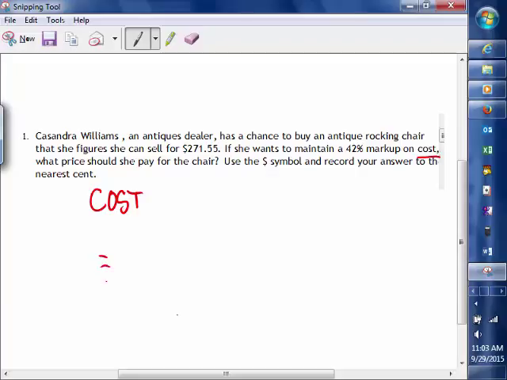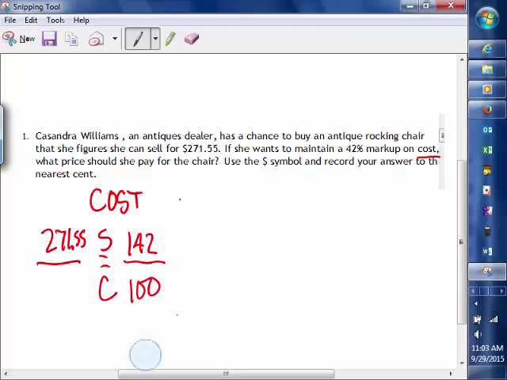The cost is the bottom, that's 100%. The selling price is $271.55. She wants a 42% markup, so 100 plus 42 is 142. How much should she pay for the chair?